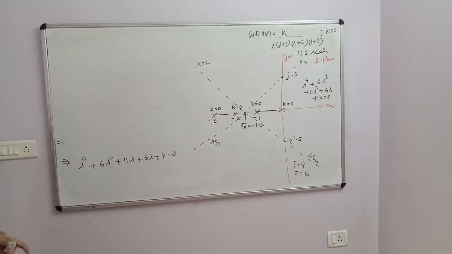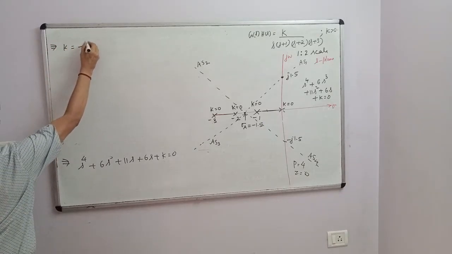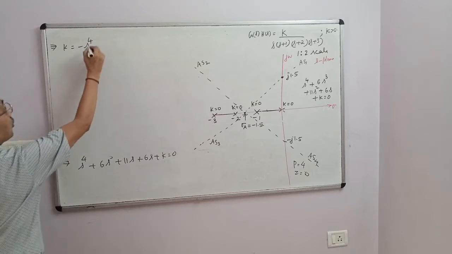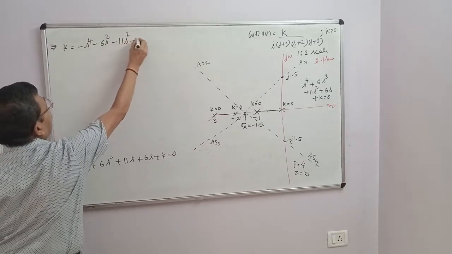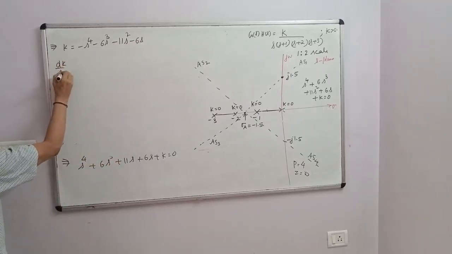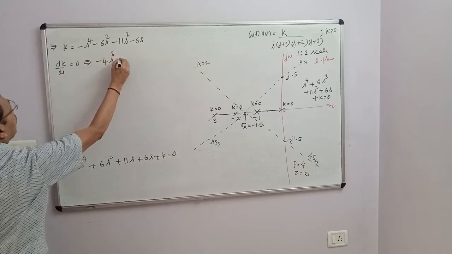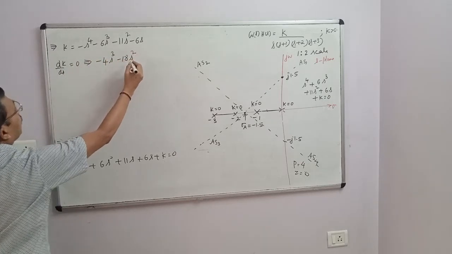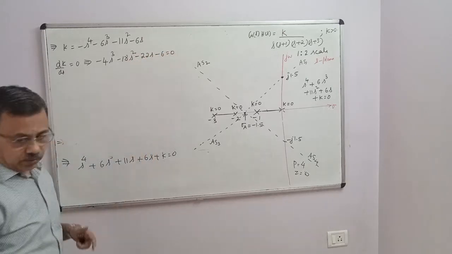This implies k is equal to minus s to the power 4 minus 6s cube minus 11s square minus 6s. dk by ds equal to 0 implies minus 4s cube minus 18s square minus 22s minus 6 is equal to 0.